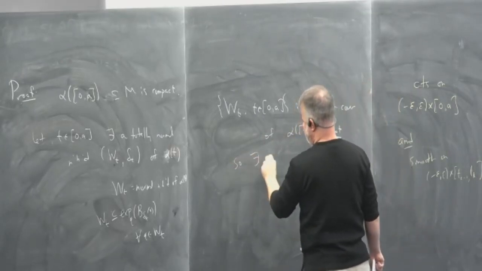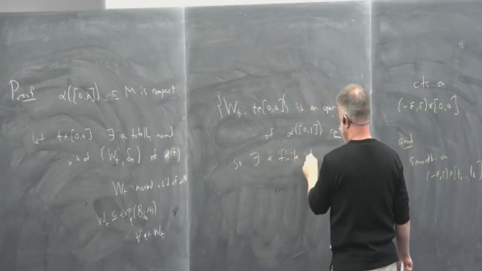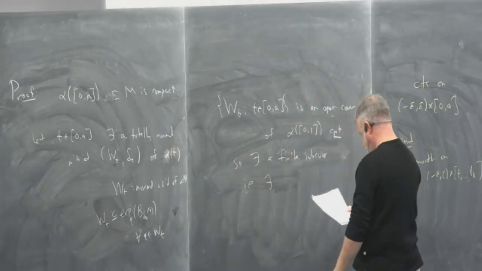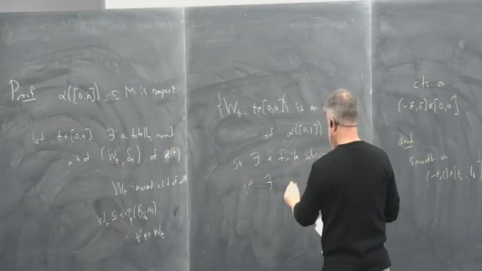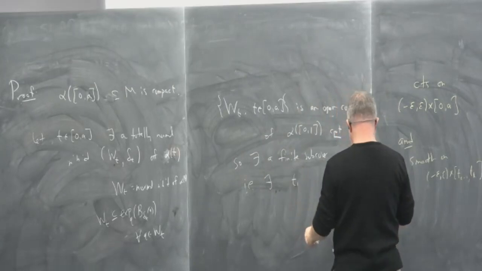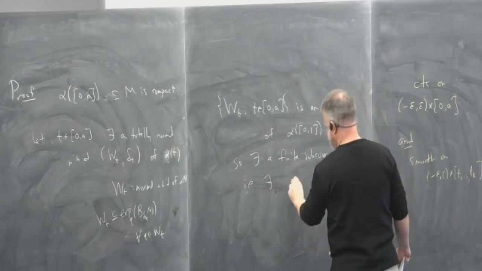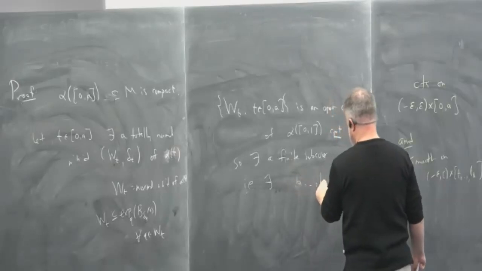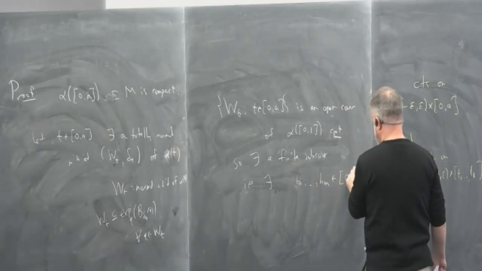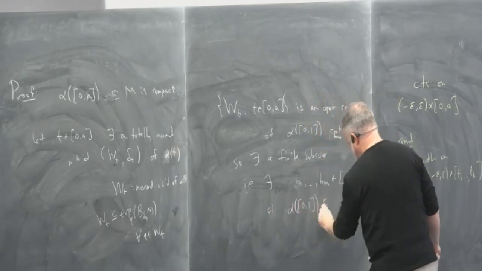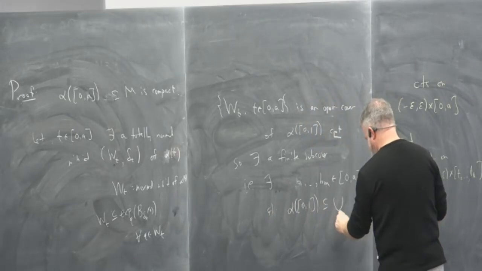So there exists a finite subcover, i.e. there exists, these are not the same T's as the ones before, let's call them b_1 up to b_m in [0, A], such that alpha of [0, A] is contained in the union of W_{b_j}, j equals 1 up to m.